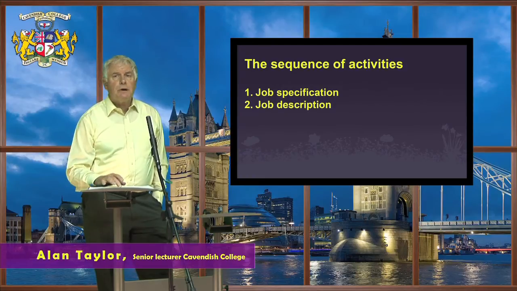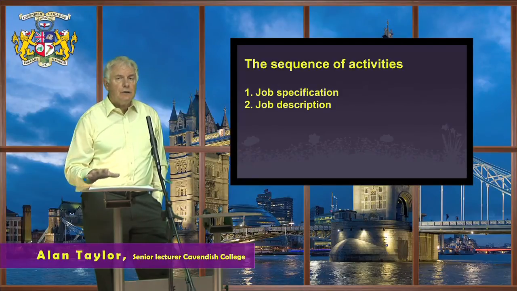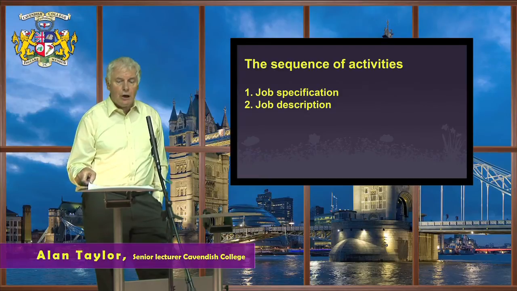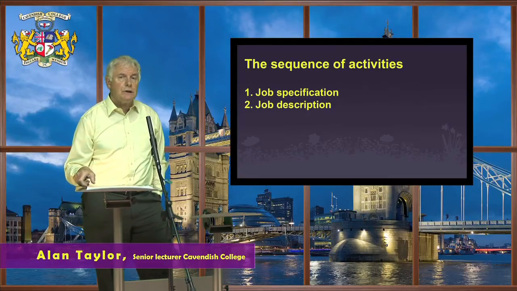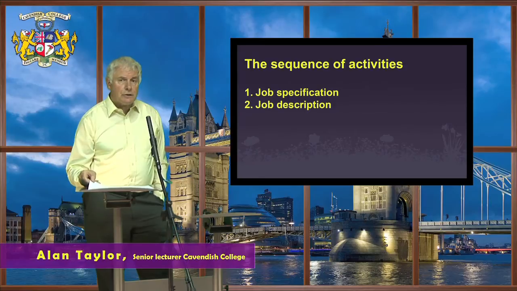What type of person with which type of skills and abilities and knowledge and experience will be needed to fill that particular job? So that's two pieces of information we need. One is to do with the task itself, one is to do with the likely candidate or candidates who would be most suited to do that task for us within our business.